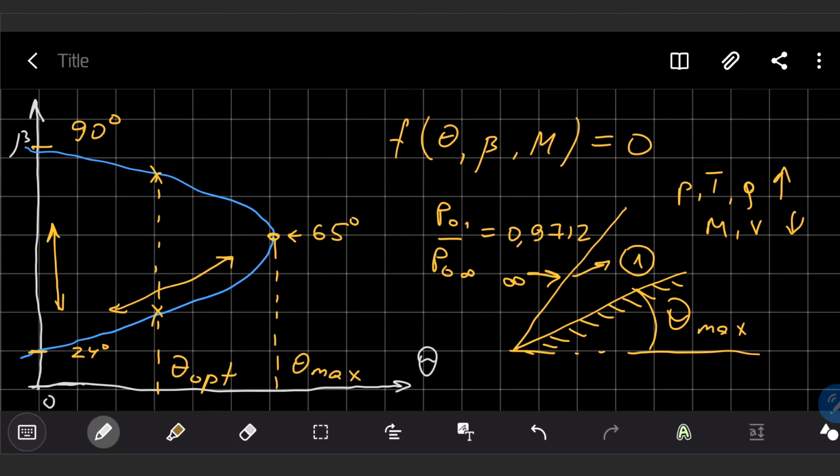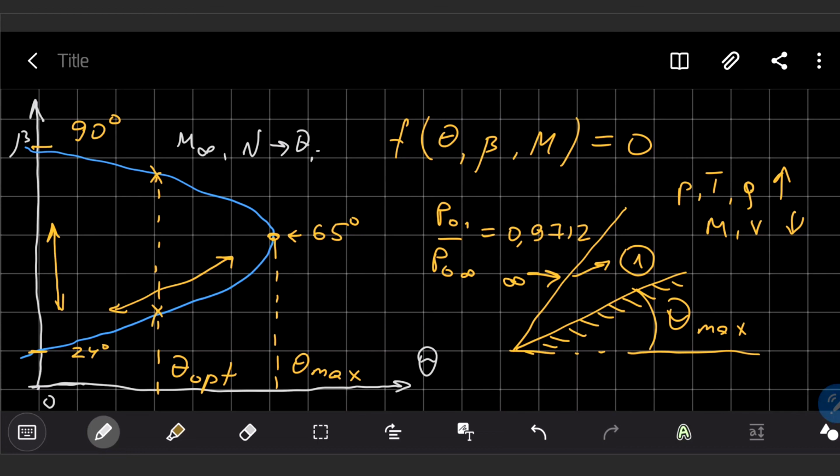The first factor is what your M infinite is, and the second is how many shock waves you have in your diffuser. So depending on the infinite Mach number and the number of shock waves in your diffuser, you can come out with the optimal angles of the shock wave. It does not depend on anything else.